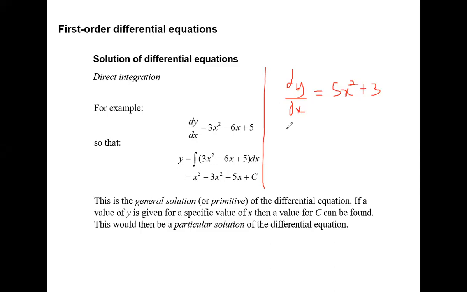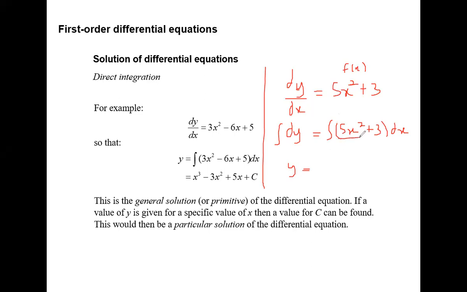Okay, so in solving this, like we said, just rearrange it in that form. This is f of x. So let's multiply through by dx and then integrate. So we are going to integrate 5x squared plus 3 with respect to x. And when we integrate this side, we get y is equal to, the integral here will give us what?